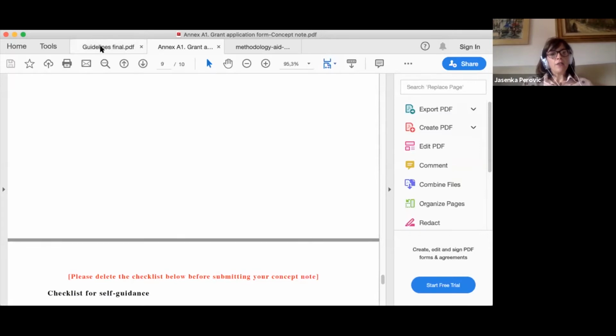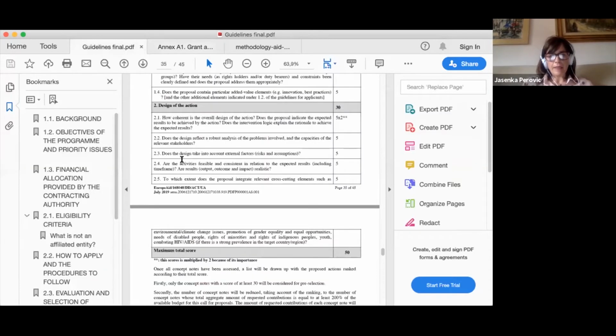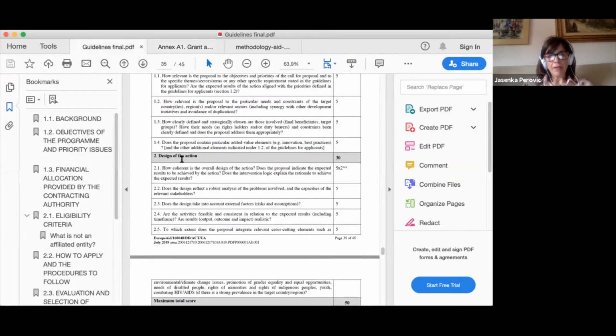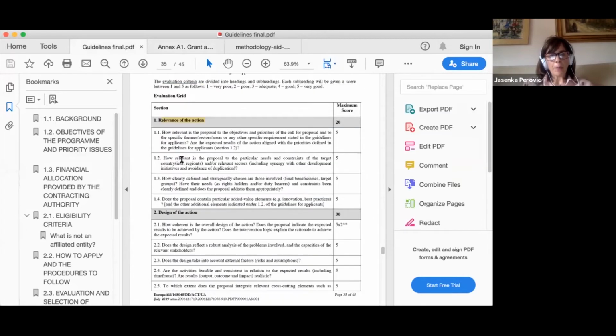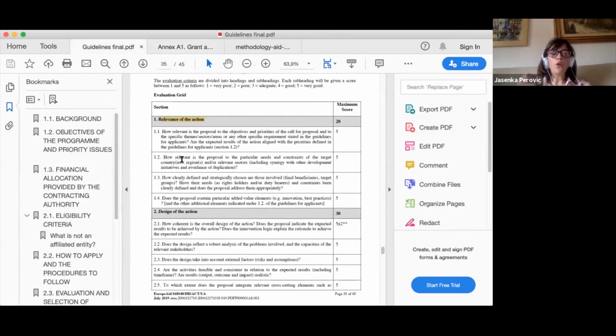In the guidelines for applicants, again, I want to briefly acquaint you with the evaluation criteria, because it really gives you an idea of what you should take into account when you start designing your concept note. So the very first part is related to the relevance of your action. How relevant is your proposal to the objectives and priorities of the guidelines?